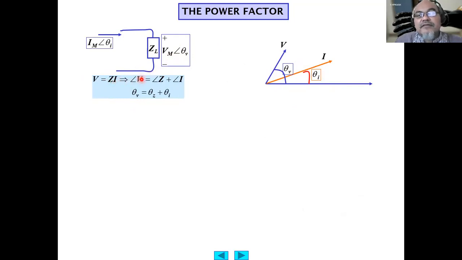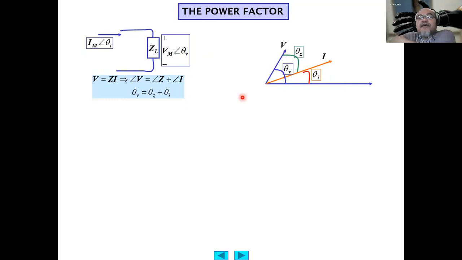So the phase angle of the voltage across this load impedance equals the phase angle of the impedance plus the phase angle of the current I. From phasor multiplication, theta V equals theta Z plus theta I. So this will be the theta Z.